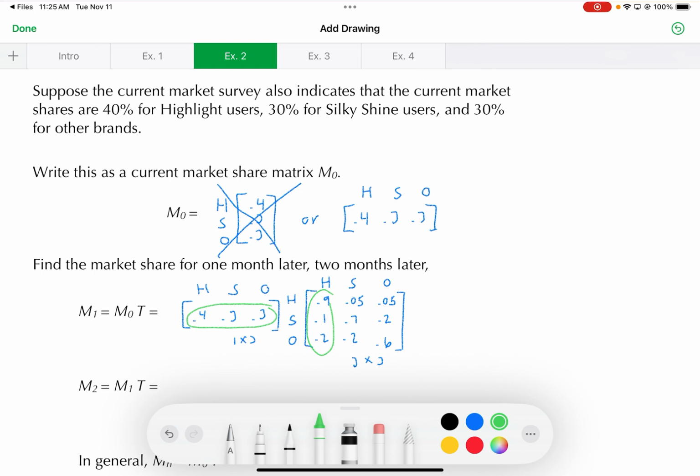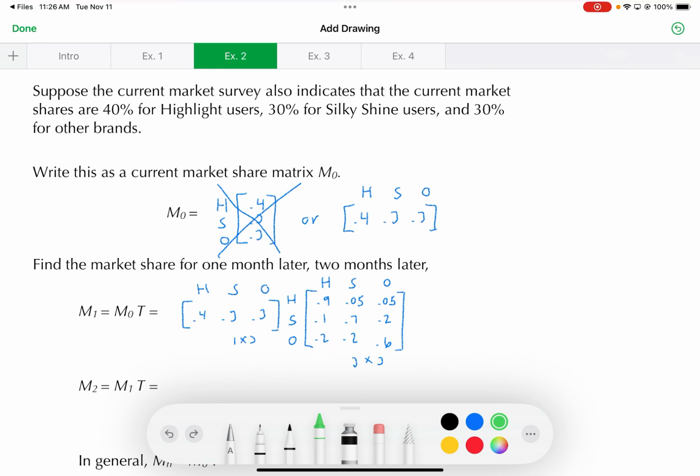We're taking the Highlight percentage of 0.4 from the first matrix, and it's going to get multiplied by the Highlight percentage of 0.9 for the second. Okay, then 0.3 is going to get multiplied by 0.1. Those are the S values. Then 0.3 for O is going to get multiplied by 0.2 for O. So we're just making sure we're keeping all of the brands together.